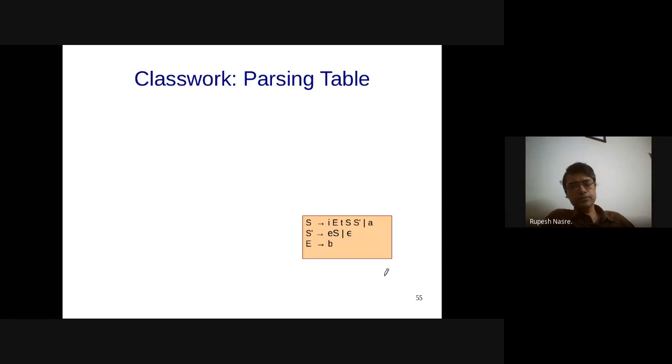What is follow of S prime? Okay, we have two answers, E dollar and dollar.